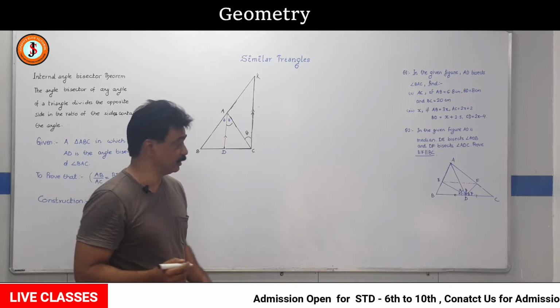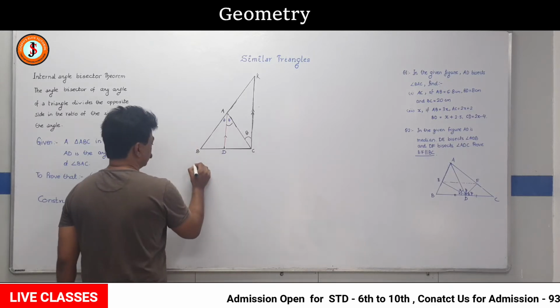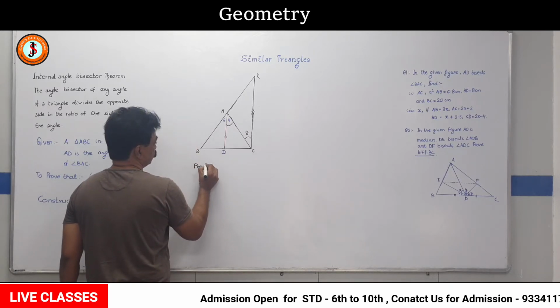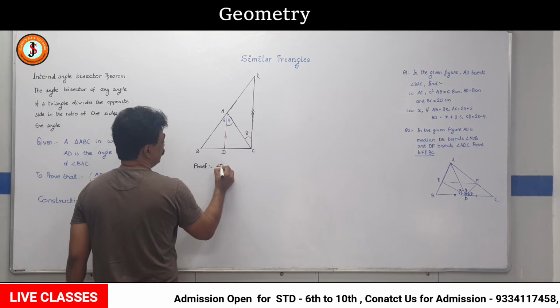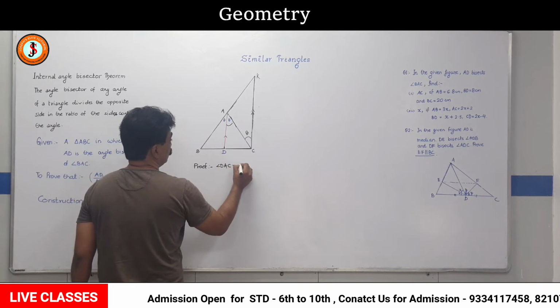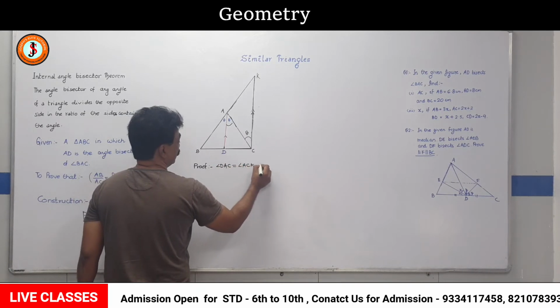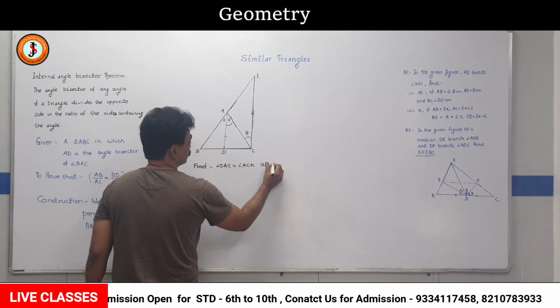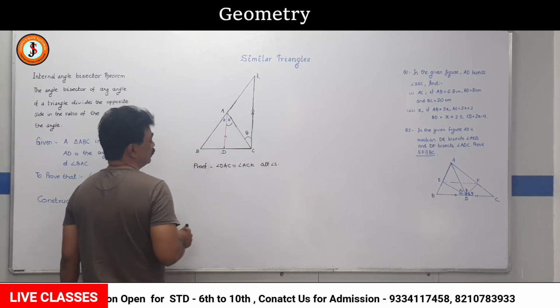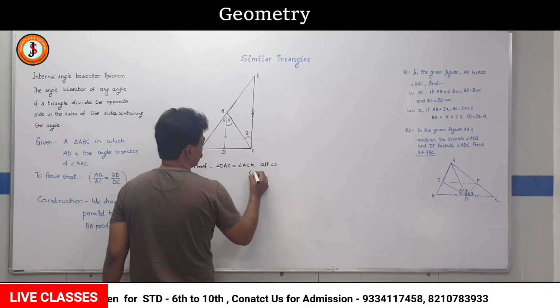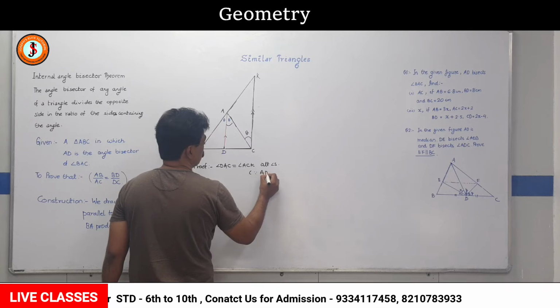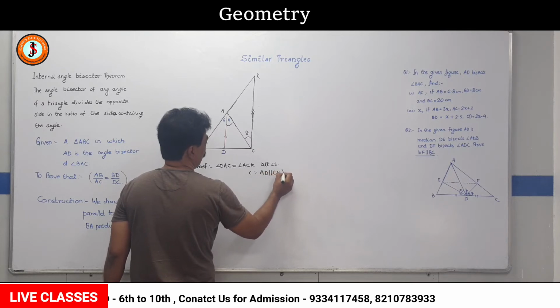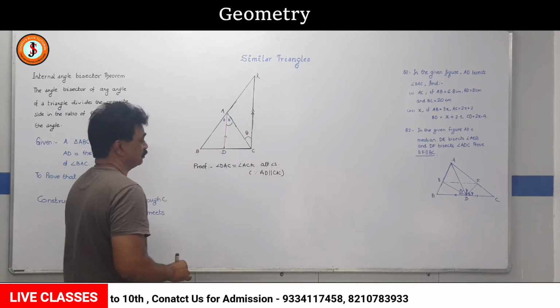So I am going to write that in the proof now. Proof: angle DAC is equal to angle ACK, alternate angles. These two are alternate angles, since AD is parallel to CK and CA becomes the transversal.